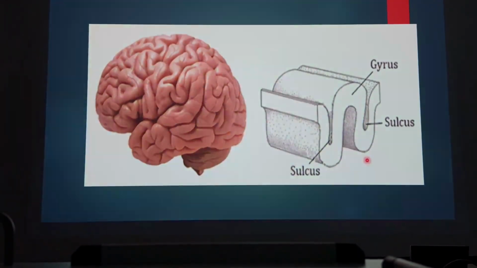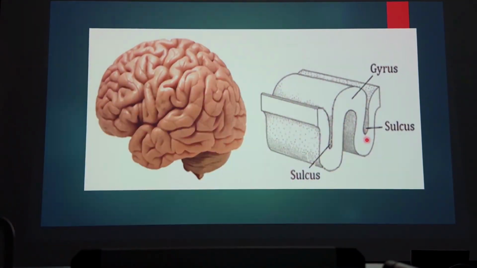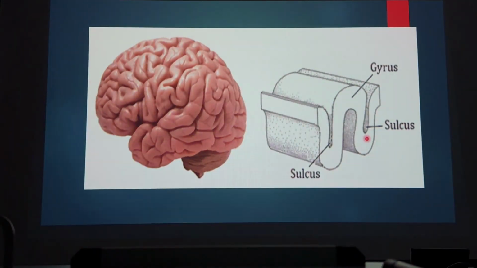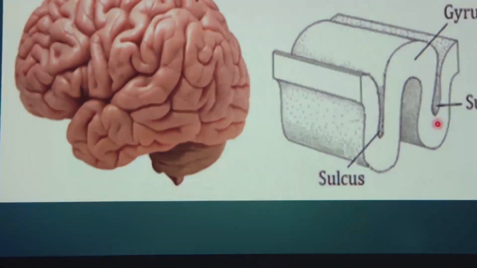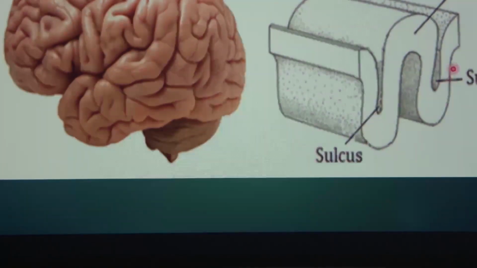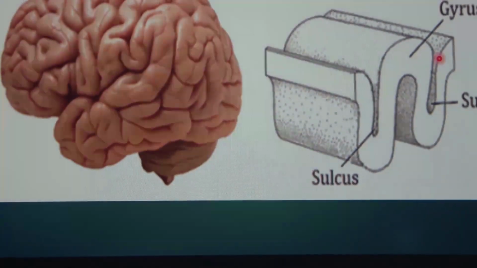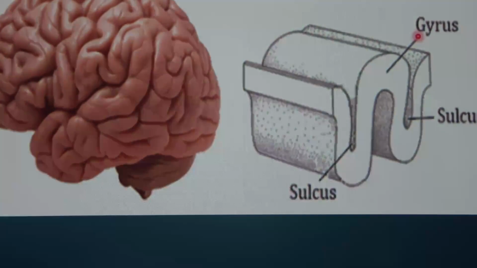And the fissure, to differentiate it from the sulcus, also contains CSF and a major vascular structure inside. The sulcus is much more superficial and might either contain a small vessel or no vessel.